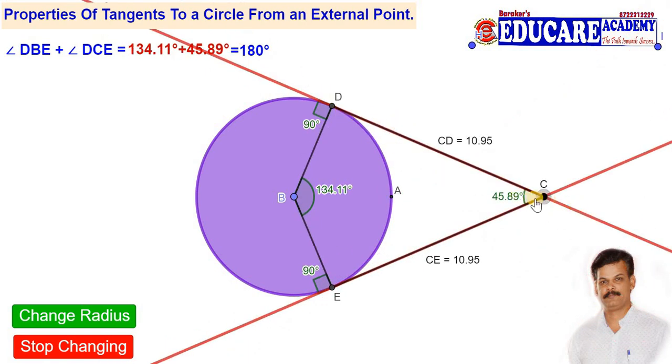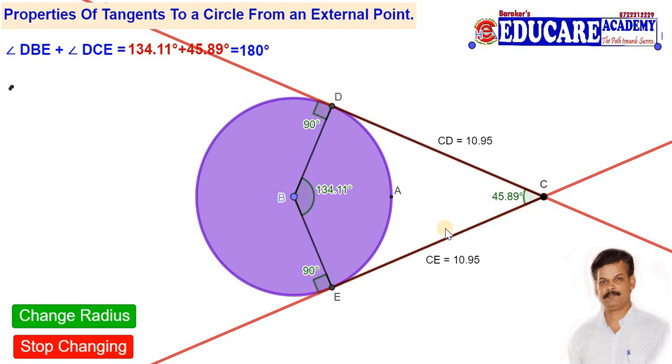Now when we draw the two tangents from this external point, we have to deal with some properties associated with the tangents. The very first property is that we can draw only two tangents from an external point to a circle. So we have CD and CE as the two tangents.